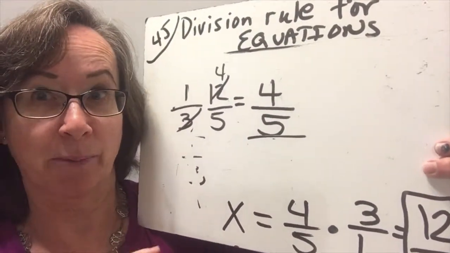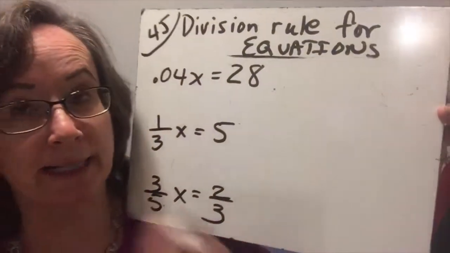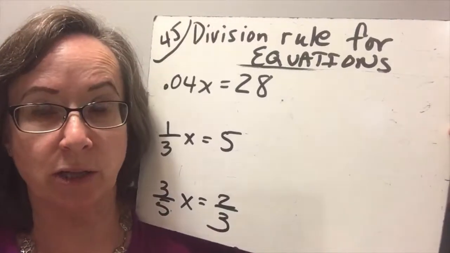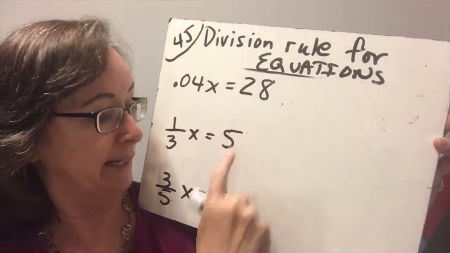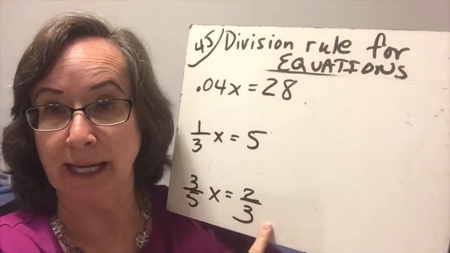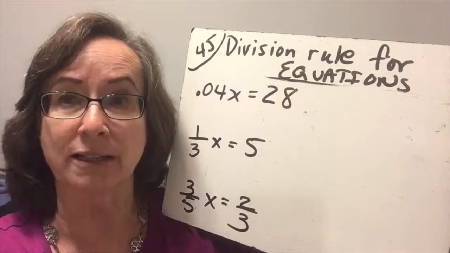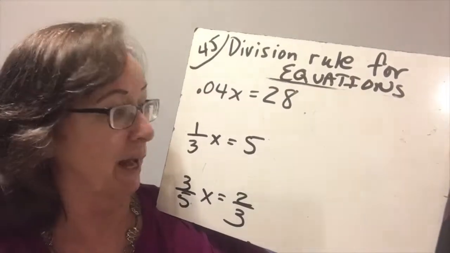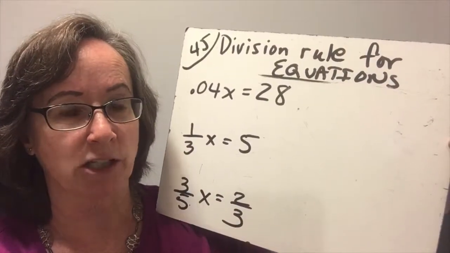Now we're ready to do our practices. That was fast, wasn't it? Okay, now we're going to do our practices, but I'm going to only use the division property here. Right here and here, I'm going to use the multiplication property because multiplying by a fraction is easier than dividing by a fraction. So I'm going to multiply by the reciprocal instead of divide by the fraction.